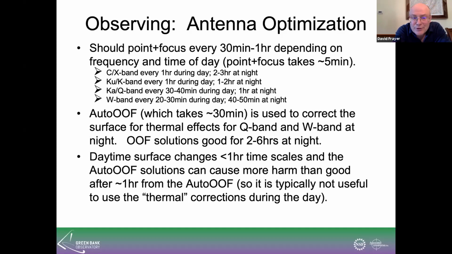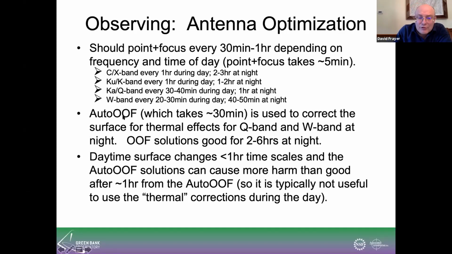Since we're observing at night and we'll be doing K-band at the highest, you can get by with pointing every 2 hours. And our sessions are only 1.5 and 2 hours, so in principle, you only need to point once.